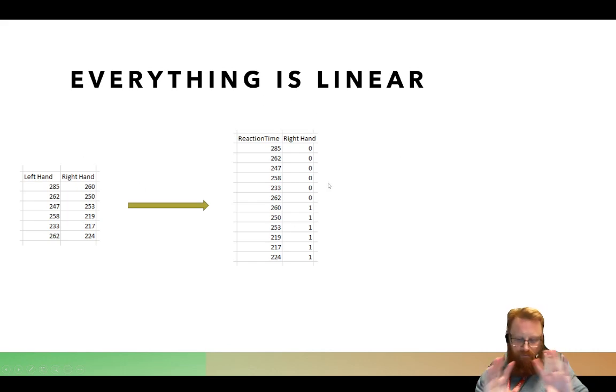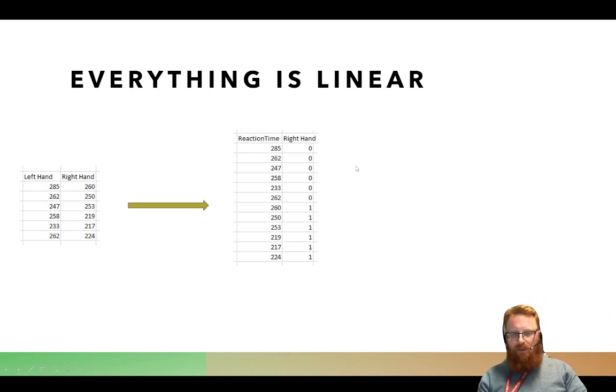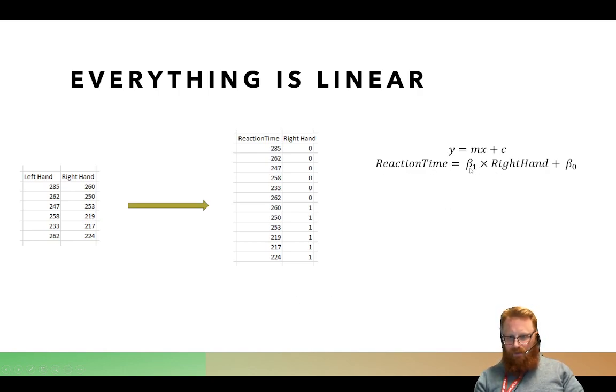All right, but that aside, the important thing here is that by doing this, we can now fit a line, in inverted commas, air quotes, to this data. And how do you do it? Well, here's our general equation for a line, y equals mx plus c. Y becomes our reaction time. Beta 1 is our slope, and our offset is beta 0.